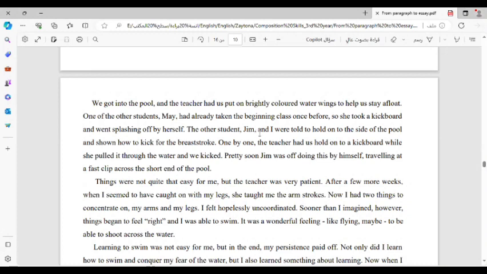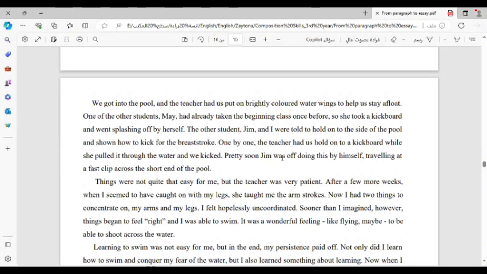The other student, Jim, and I were told to hold on. Hold on means to wait, okay? Hold on to the side of the pool and were shown how to kick for the breaststroke. Breaststroke is another technique of swimming.